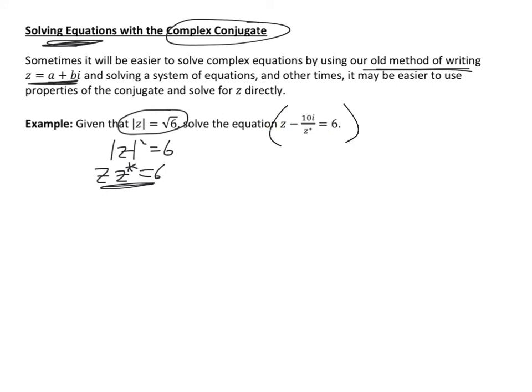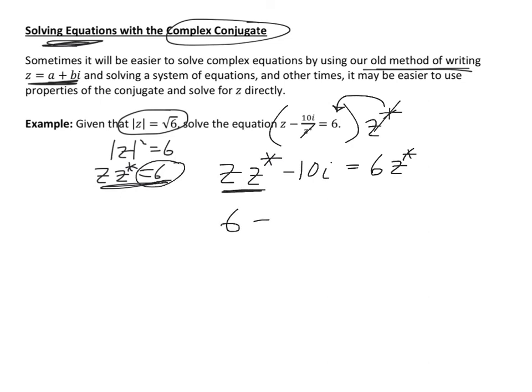If I multiply this whole thing through by z star, I'm going to get z star on the left. In the middle, the z star is going to cancel with the z star, giving me minus 10i. And then that z star does still need to go to the 6. So I'll have 6z star. Okay? Now, right here, I can see that z z star is supposed to be 6.